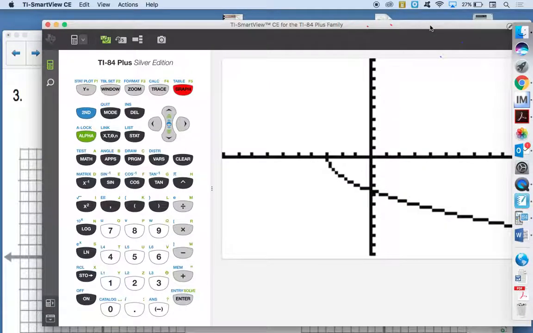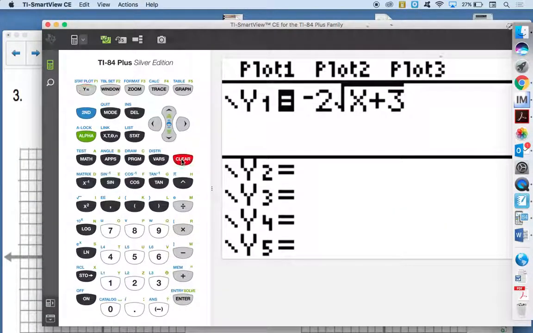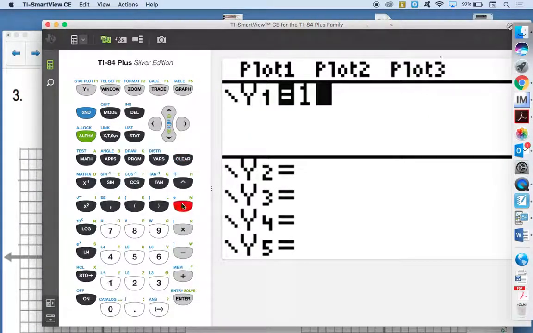So going to the y equals, this first one just says 1 divided by, and then you need to put parentheses with the x plus 5. Or is it x minus 5? Minus? So that it knows you're dividing by the x minus 5 and not just the x, not just whatever's next to the division.